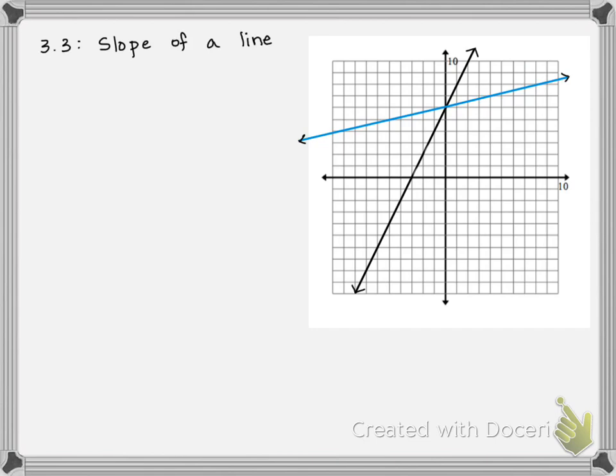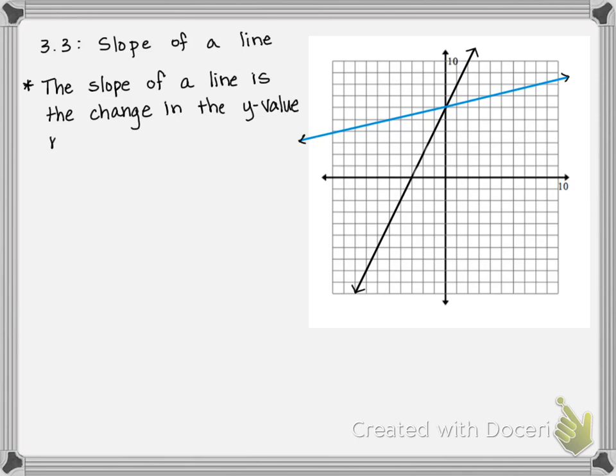So the formal definition of the slope of a line is the change in the y value resulting from a 1 unit increase in the x value.